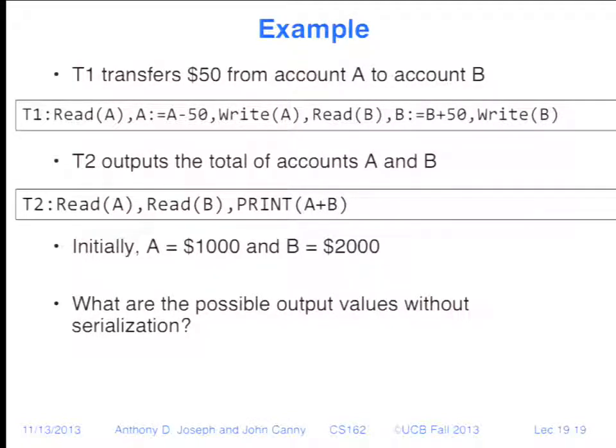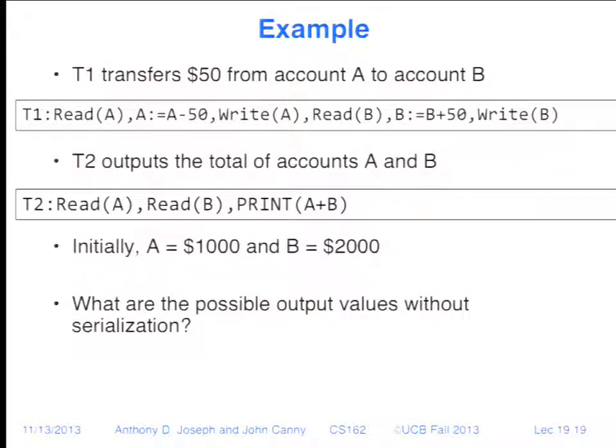But if we don't serialize these transactions, what are the possible outputs of T2? So what are the possible totals? If we start with $1,000 in A and 2,000 in B, what possible totals could T2 print for different orderings of the read-write operations?